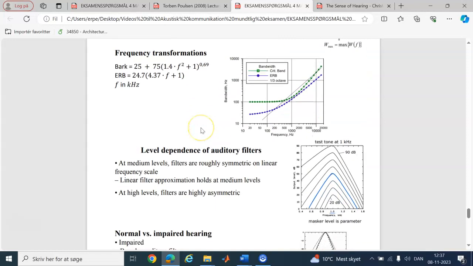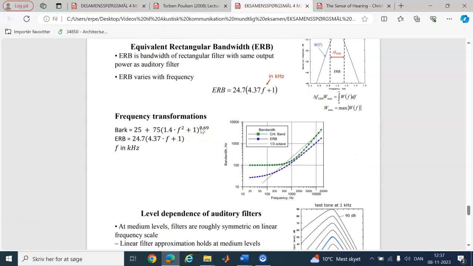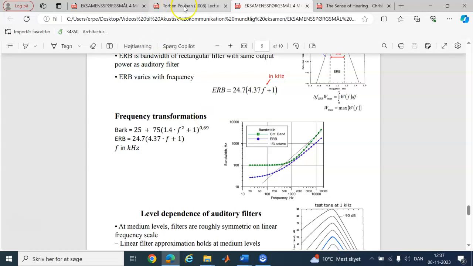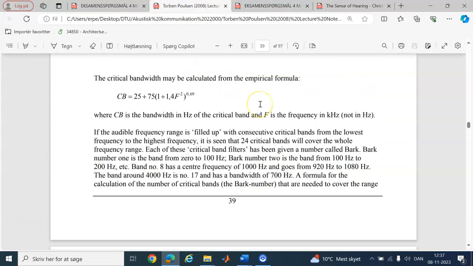There are also barks. It's a little bit complicated. It's the number of auditory filters. The barks are the number of critical bands which cover the whole frequency range.